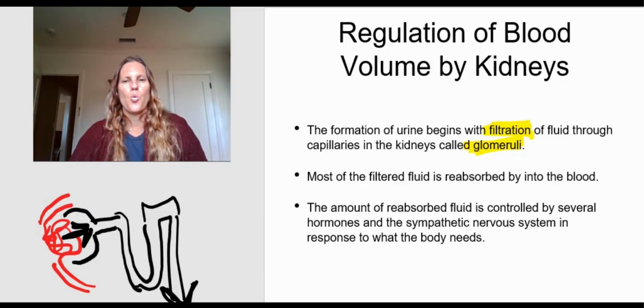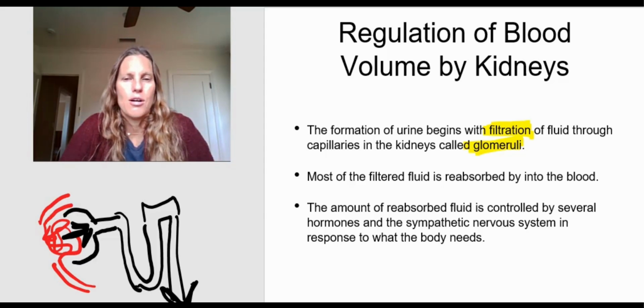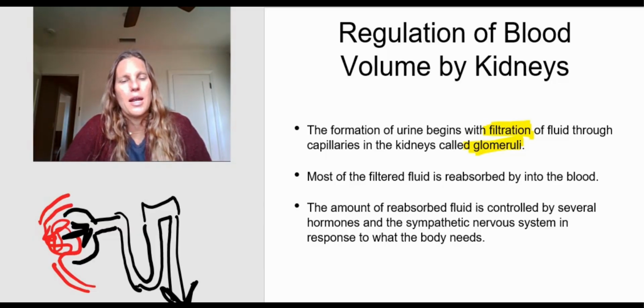Now, obviously, we're not going to filter all of that. We filter, I should say, about 180 liters of fluid a day. None of us are urinating 180 liters of fluid a day. We urinate about 1.5 liters of fluid a day.